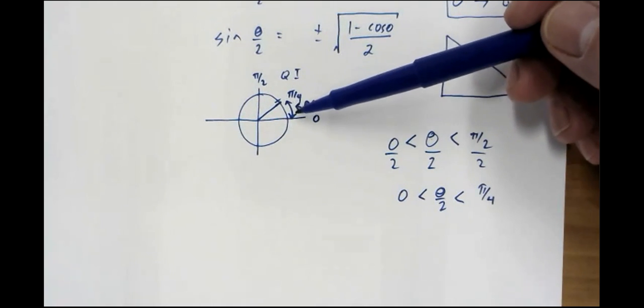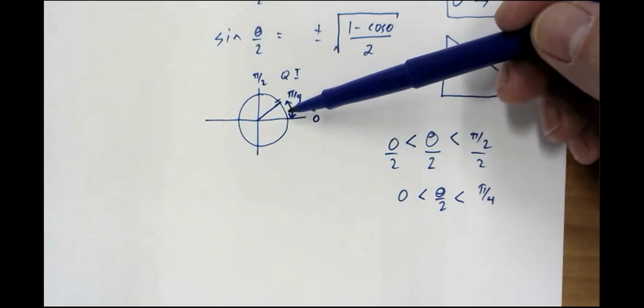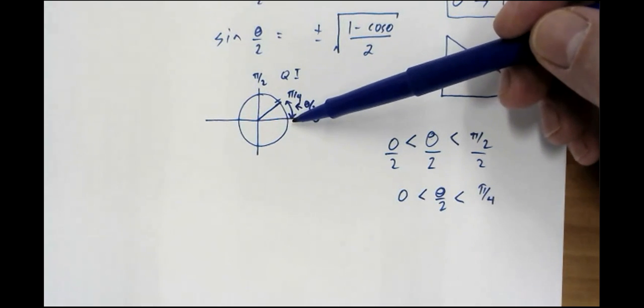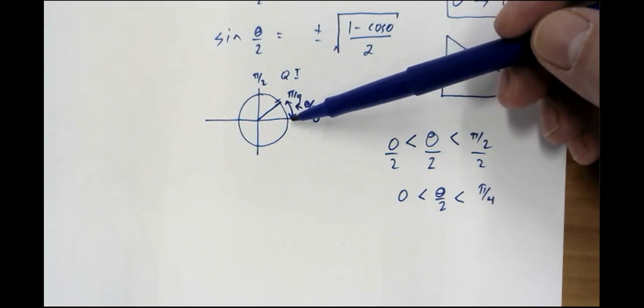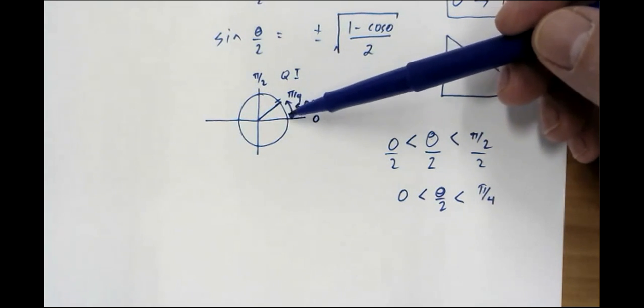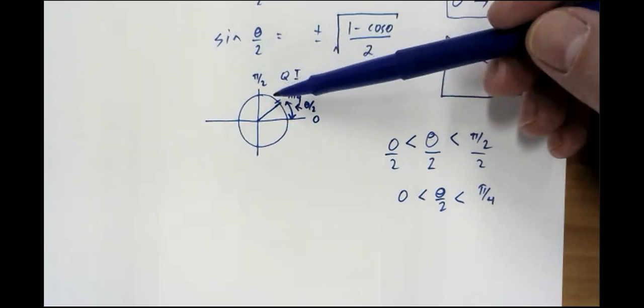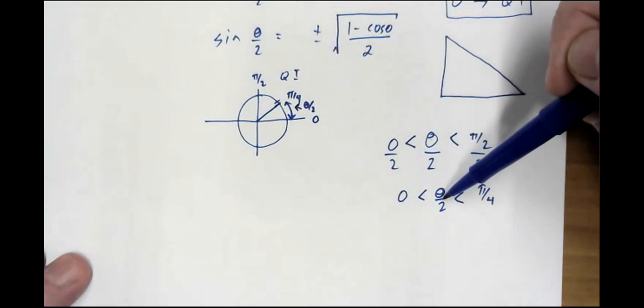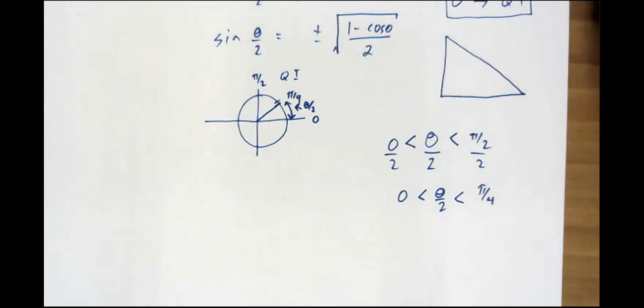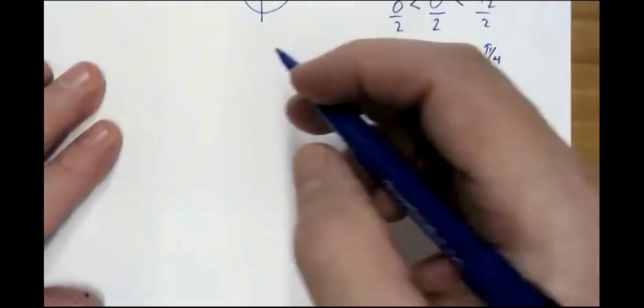Is the sine going to be a positive or negative number if my angle is from 0 to pi over 4? Well, obviously, all the angles in here are in quadrant 1, and the sine in quadrant 1 is positive. So because of this, I know the sine of theta over 2 is going to be positive.